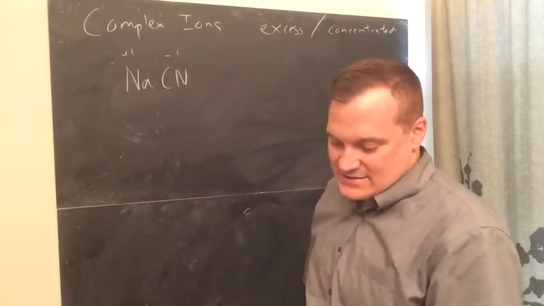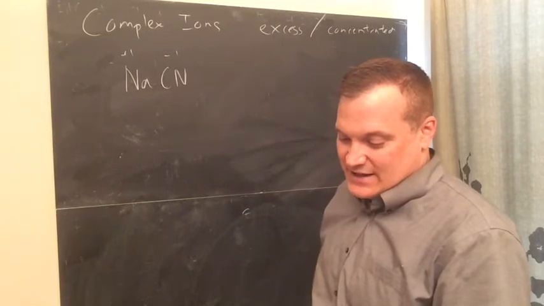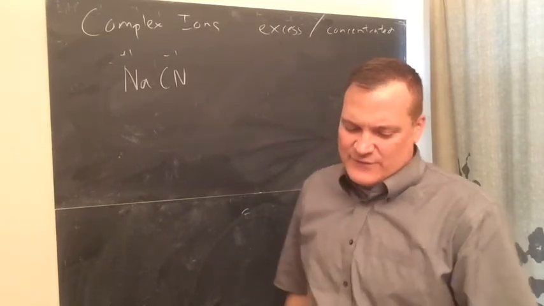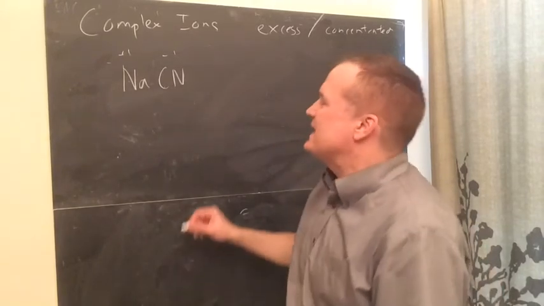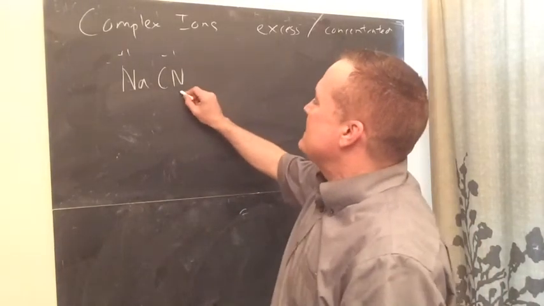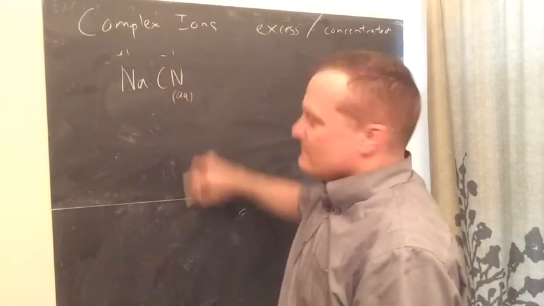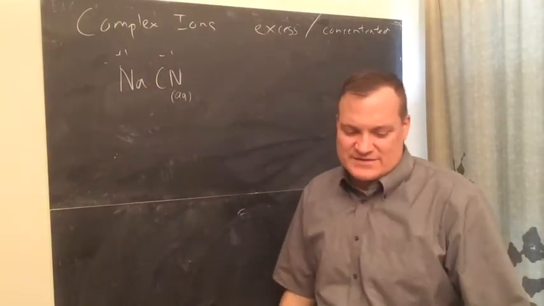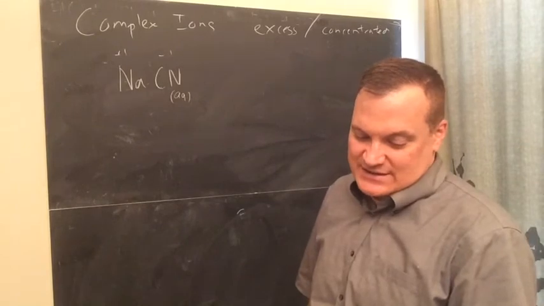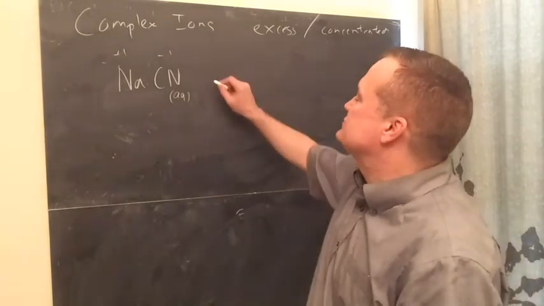Okay, excess sodium cyanide is added. Now I didn't tell if it was a solution or not, but we'll assume it's excess concentrated, and that would mean it's a solution. Well, no, or it could be a solid as well, but we'll start off with the aqueous. Excess sodium cyanide is added to a solution of silver nitrate.